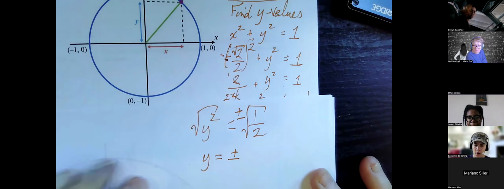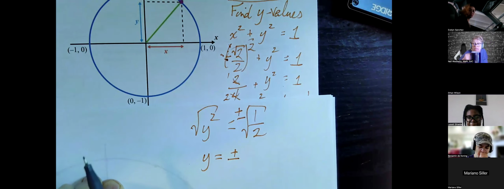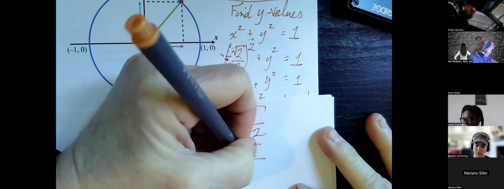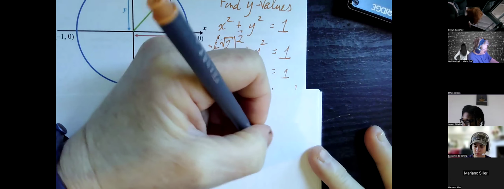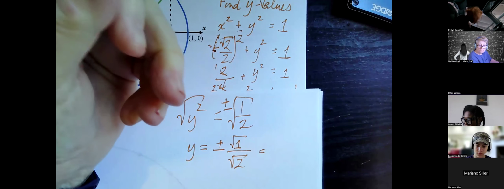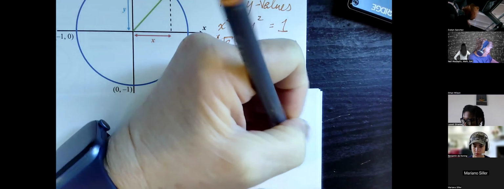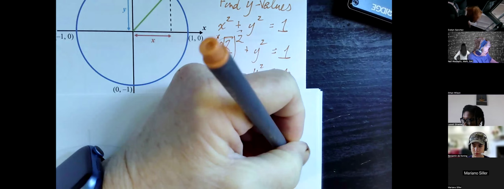And how do you take the square root of a fraction? Square root both the numerator and denominator. Good. So we've got the square root of 1 and the square root of 2, and we can write the square root of 1 as 1. Good. So we have plus or minus 1 over square root of 2.